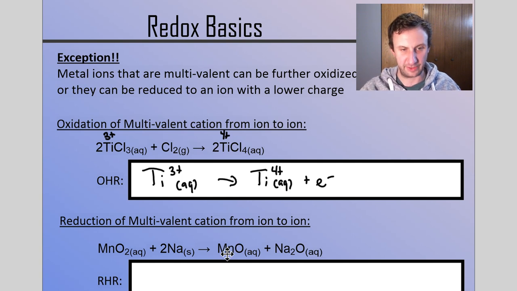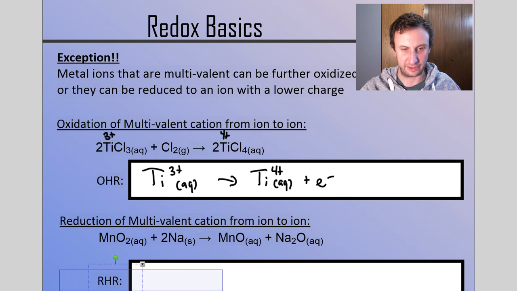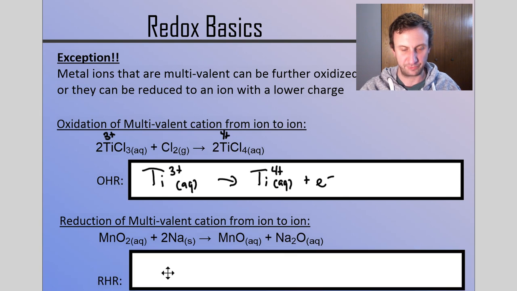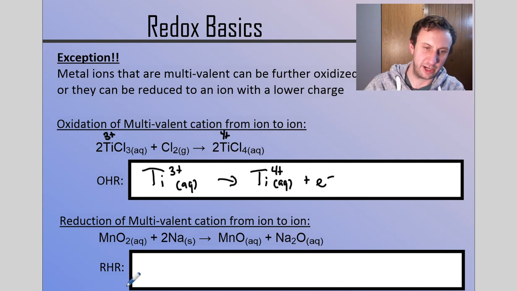Okay, now let's try this next one. I just want to move this up slightly so that you can see it on the screen. All right, here we go. So let's take a look at this one where I have manganese with a 4 positive charge, because oxide is 2 negative here. And then I end up with a 2 positive charge, oxide 2 negative here. So here I'm again going from one ion to another.